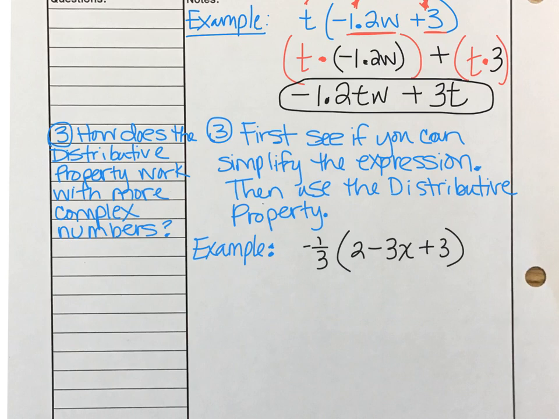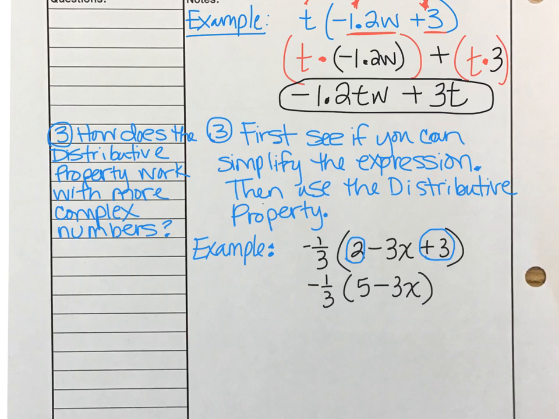When I see that expression, the first thing that I notice is that there is some simplifying that I can do inside the parentheses. I have a couple of terms here that I can combine. In this case, 2 plus 3 makes 5. So my expression can be simplified first to say 5 minus 3x.